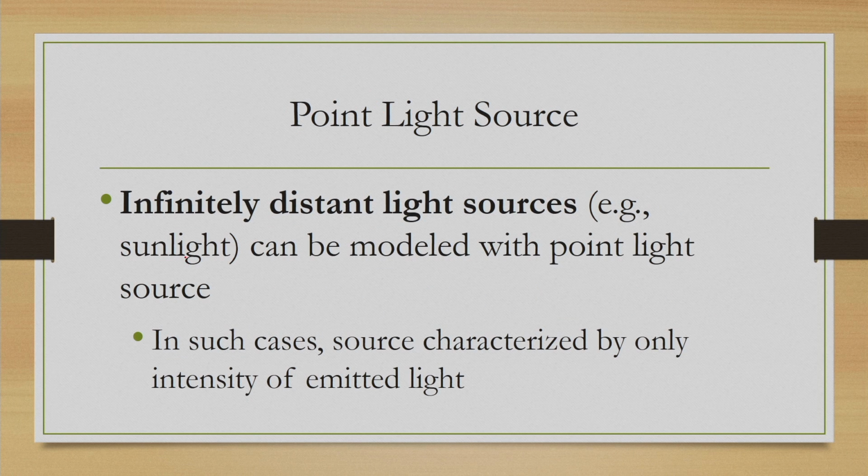If we are trying to model some light sources that are very far with respect to the point, typically infinitely distant sources, for example, the sunlight, we can use this concept of point light source to model such light sources.